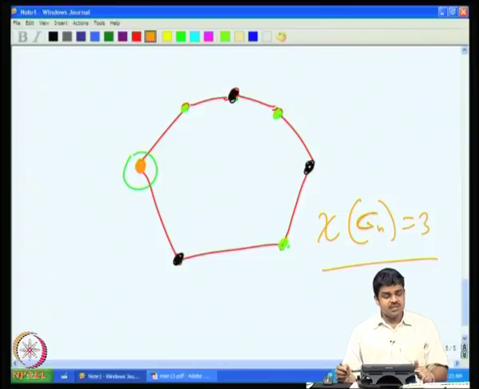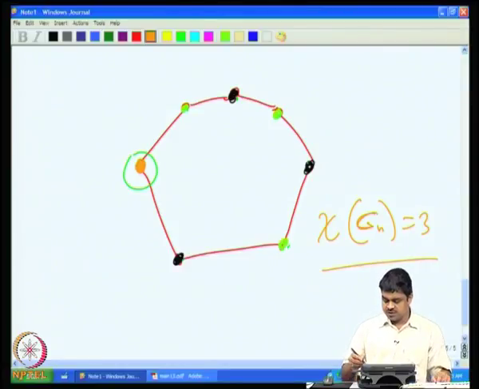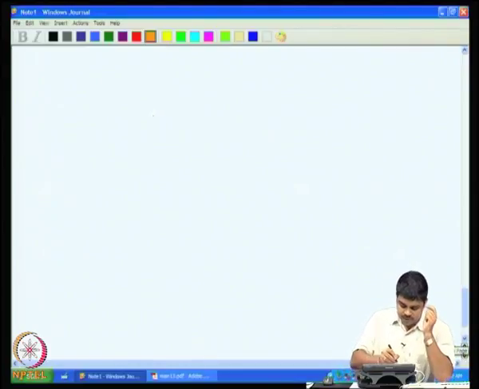When you consider the couple of examples we considered, the even cycle and trees, both of them required only 2 colors. If you remember the definition of the bipartite graph, both of them are bipartite graphs. Why are both of them bipartite? Because the tree is like this.